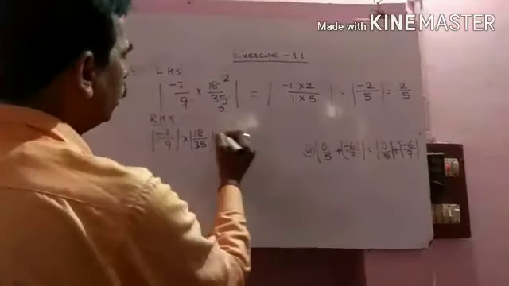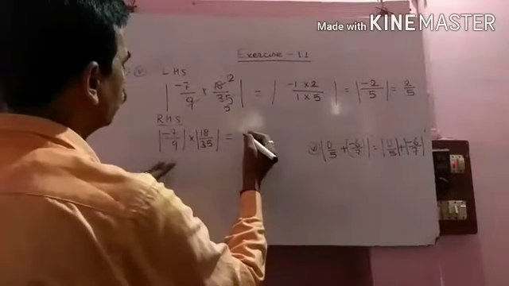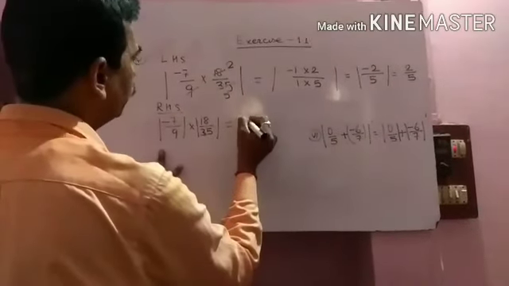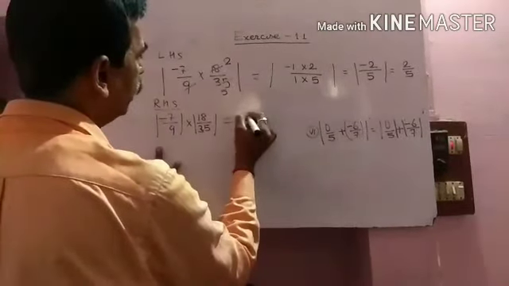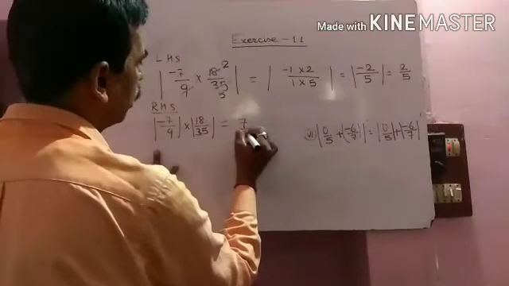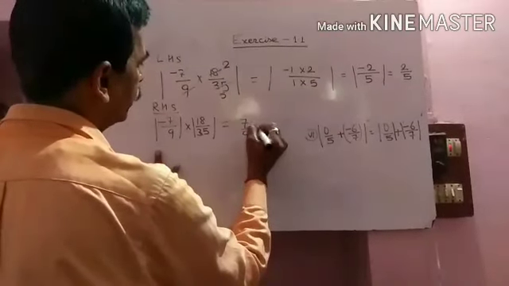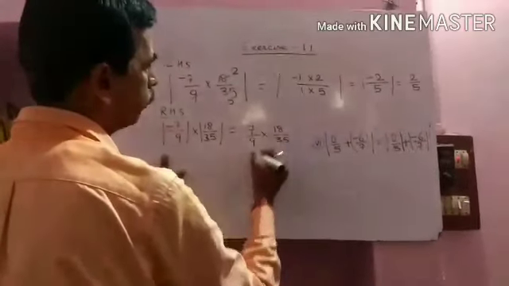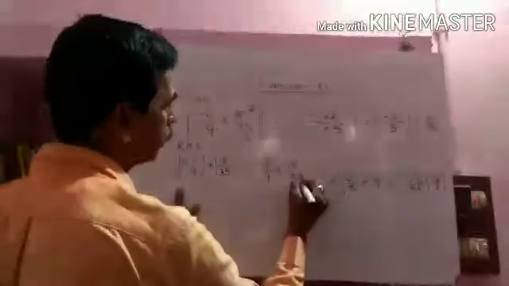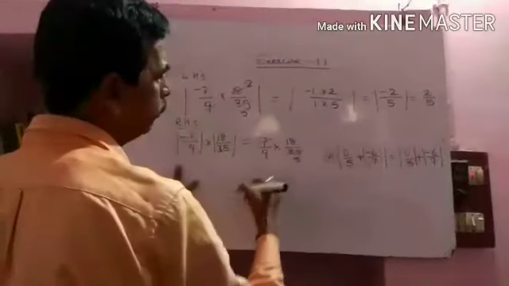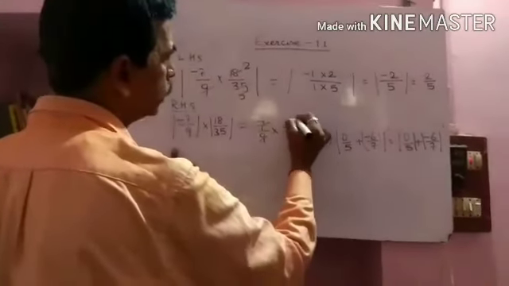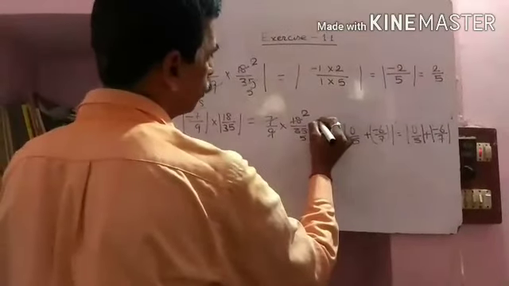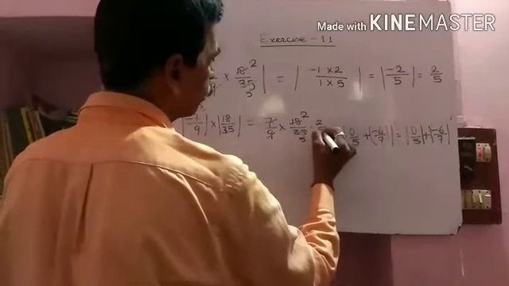Then first of all, remove this mode. This is negative. So the absolute value of this negative number becomes 7 by 9 into 18 by 35. Then 7 fives are 35, 9 twos are 18, then we will get 2 by 5.